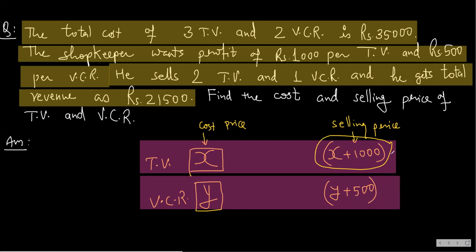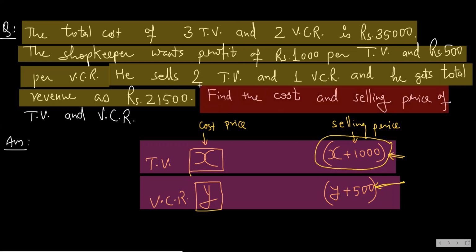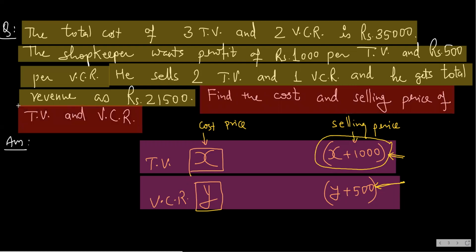So when he is selling 2 televisions and 1 VCR, he gets a revenue of 21,500. So the question is, find the cost and selling price of TV and VCR. I hope you all have understood the question.